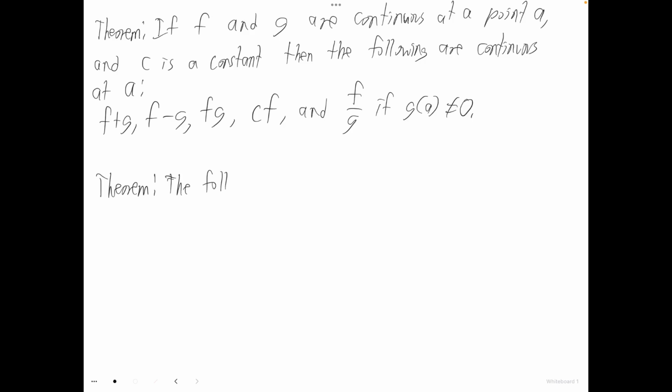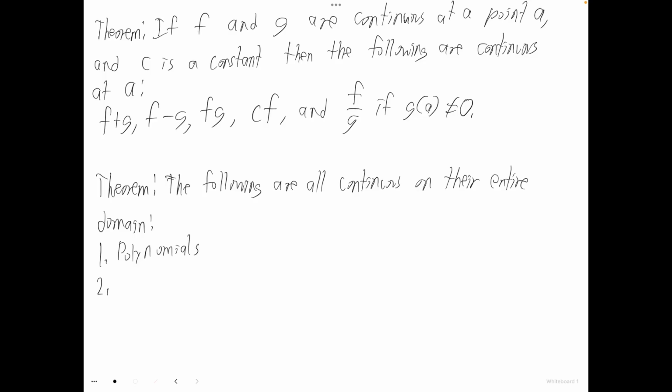The following are all continuous on their entire domain. So polynomials are continuous on their entire domain. Rational functions are continuous on their entire domain.